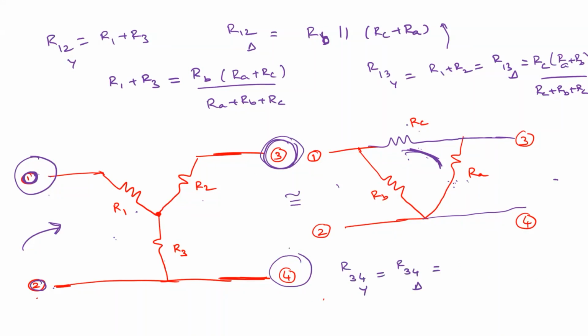It is R2 plus R3. So that is equal to RA into RC plus RB, that is RA into RB plus RC, divided by RA plus RB plus RC. Agree?